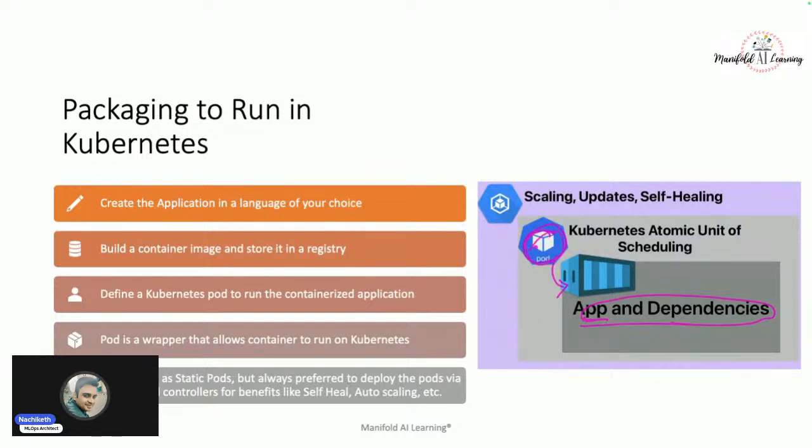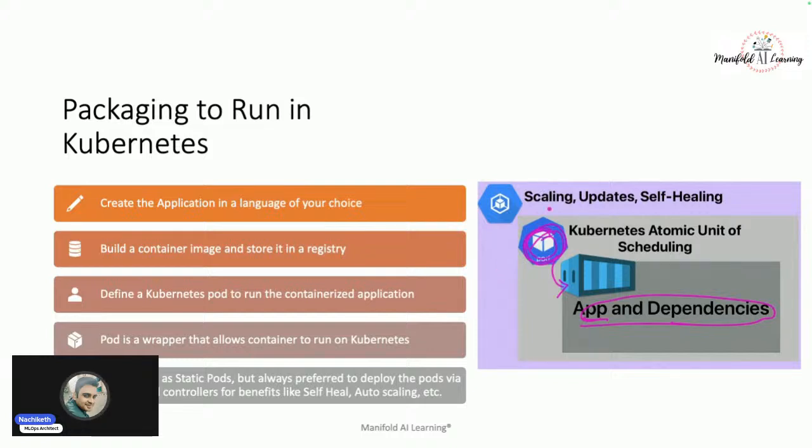And what we do is, like this pod, if I just go ahead and deploy the pod inside my Kubernetes cluster, I'll not be able to get the benefits like healing, rolling update, and all those things. So to get the other benefits, we wrap this pod inside other high level Kubernetes objects like the deployment or the horizontal pod autoscaler.